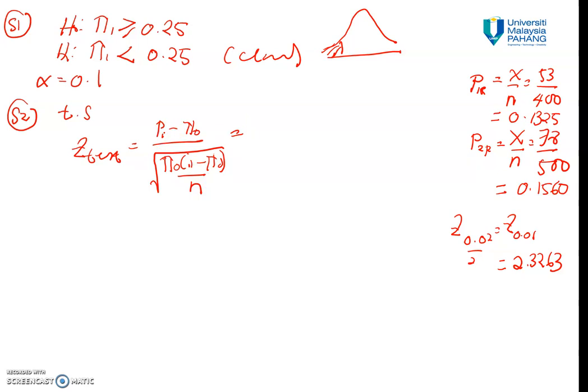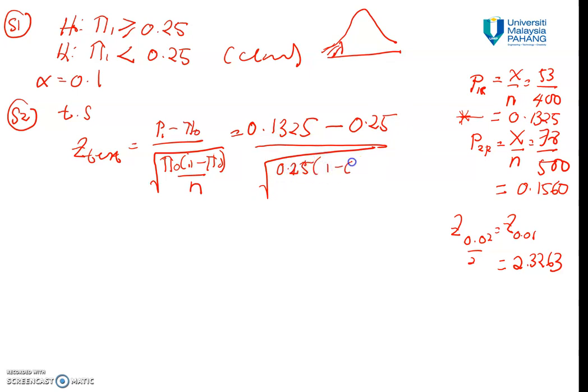Here they are talking about model 1, major repairs. So you use the same P here, which is 0.1325. Is it 0.1325? Yes. Minus 0.25 over the square root of 0.25 times 1 minus 0.25 over n, which is 400.